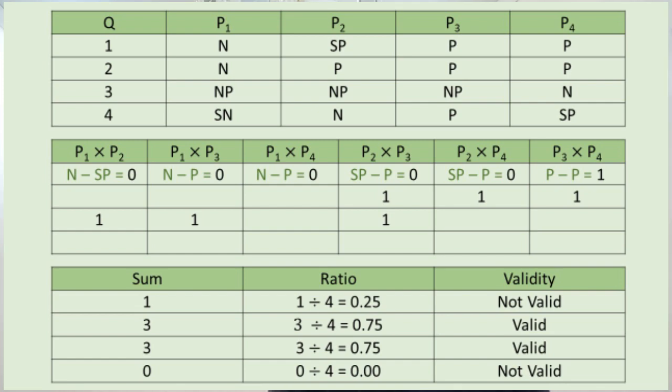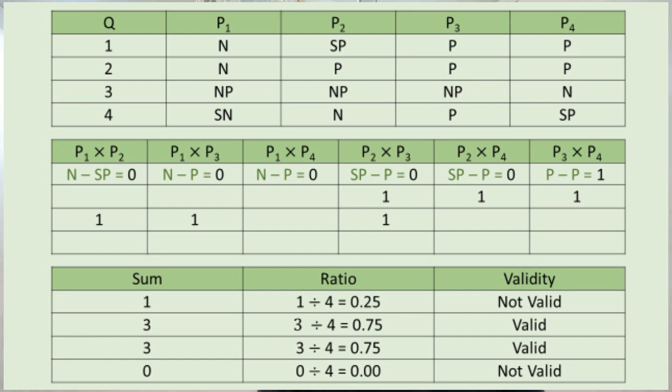And then you'll do the same procedure from person 1 to person 4, from question 1 to question 4, until such time that you finish all the questions in your interview guide. So you'll have a coded table.